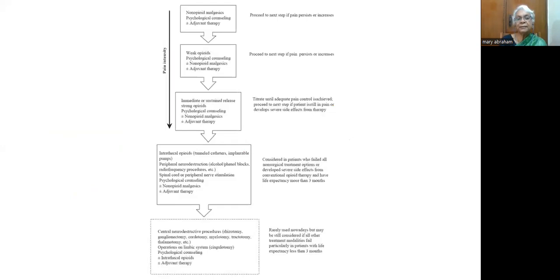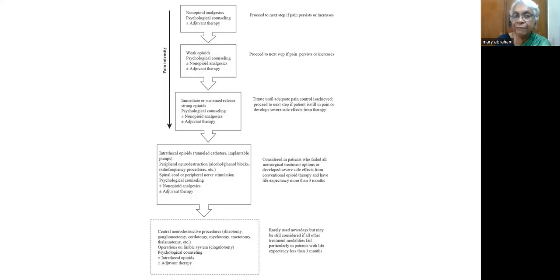If you look at this slide, it's not very clear, but what I want to tell you is that this is step 1, step 2 and step 3. But in step 4, you may have to go for the various pain interventions, like epidural, intrathecal pumps, or maybe a neurolytic block, but also the psychospiritual issues need to be addressed.